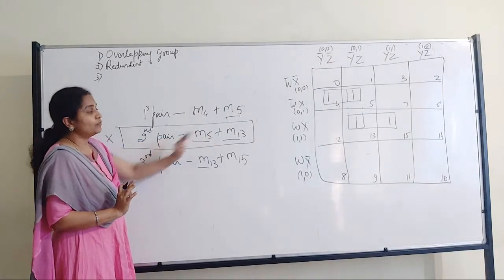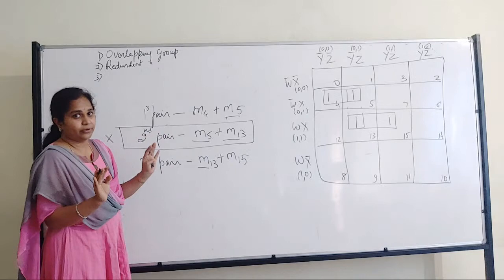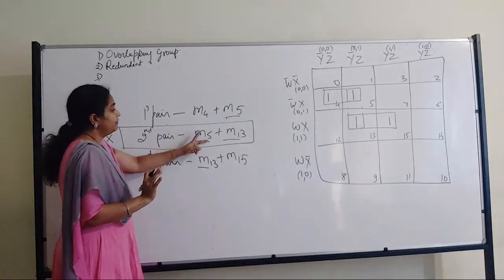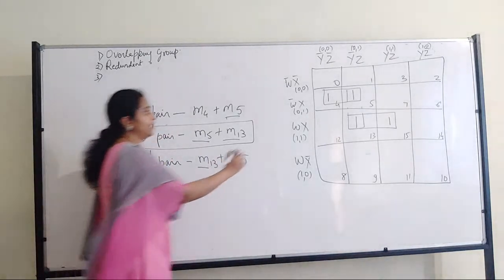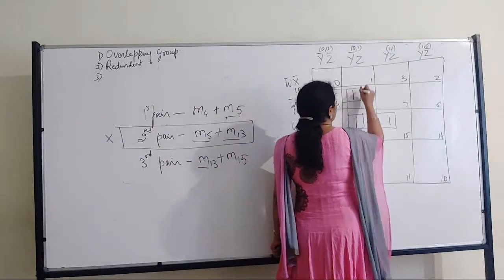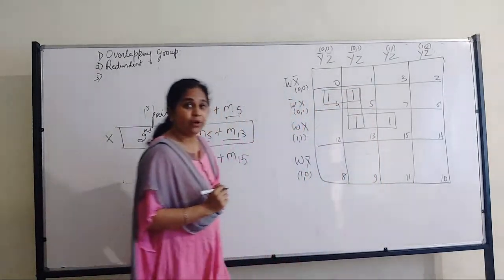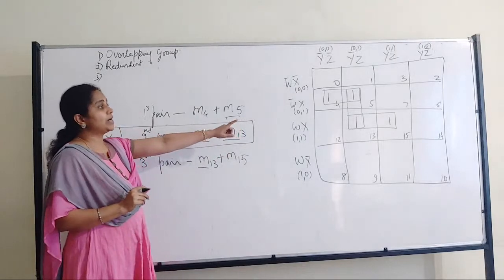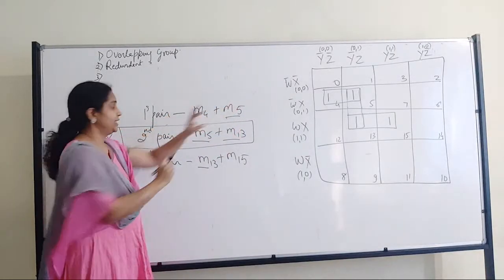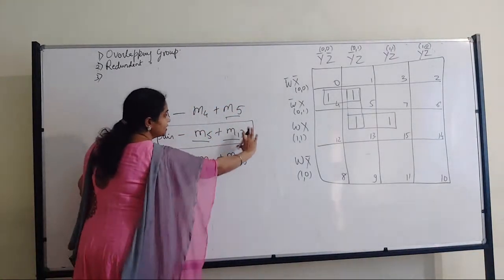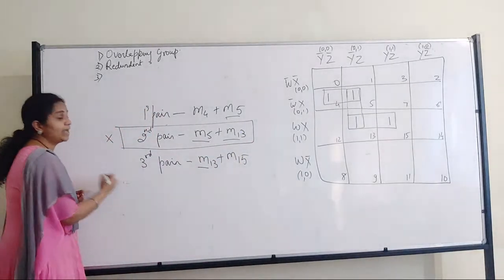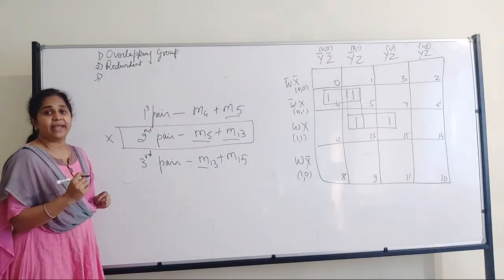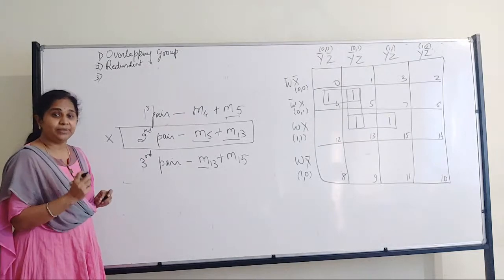Is it clear? So when I talk about redundant, let me talk about redundant right now. We will show all the three pairs. Now I am telling you the exam perspective, how to write. First you mark all as three pairs. Then you can block this pair and show that the second pair is a redundant pair and hence it will be eliminated.